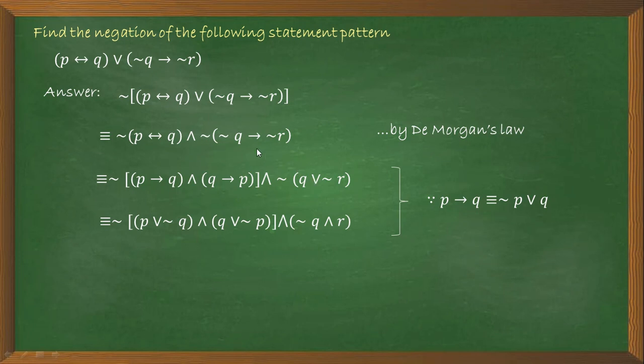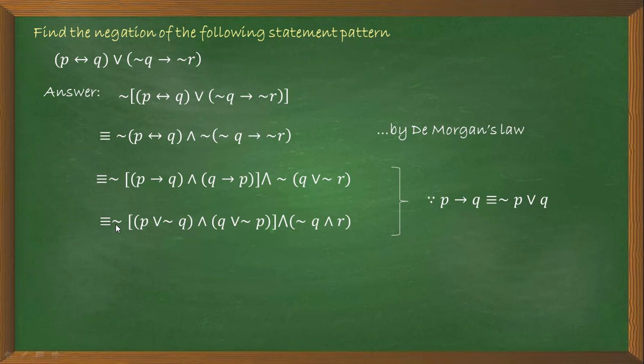See this carefully: P implies Q is equal to P or negation Q, and Q implies P means Q or negation P. So everywhere we have applied the rule of implication in both the steps. Okay, so after applying this rule, we get this step.